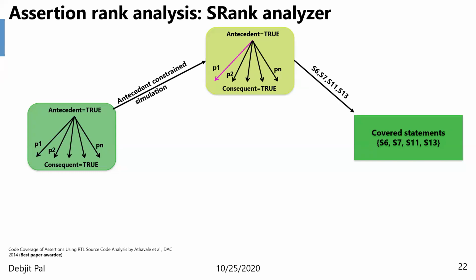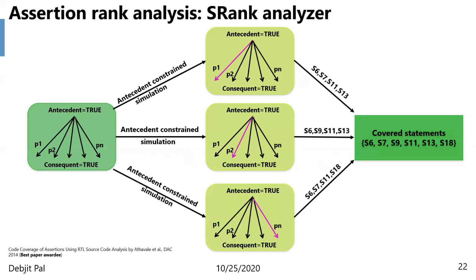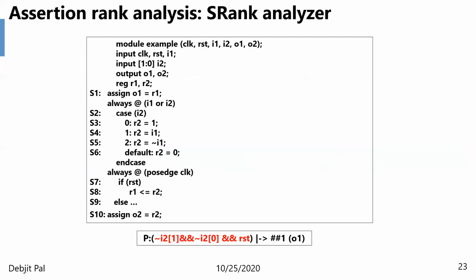Any variable that is not assigned by the antecedent is randomized. Then we execute the design until the consequent is evaluated and record the set of statements that are executed and dependent on the antecedent. We repeat this process a user-specified number of times to simulate more design paths. The final set of covered statements reported is the set union of the statements covered in each iteration.